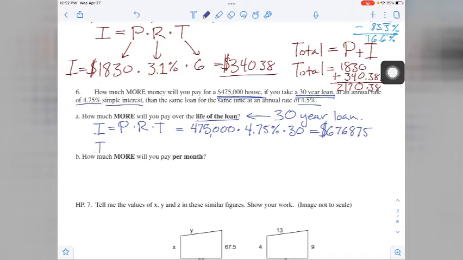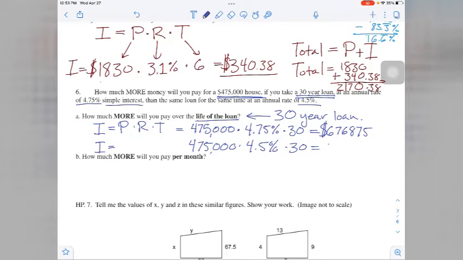And then the other one, the interest is equal to the same thing. It is the same exact amount because it is the same loan, and the time is also the exact same, so 30 stays the same. The only thing that's different is this one is 4.5%. If I put that into my calculator, I type 475,000 times 4.5% times 30.